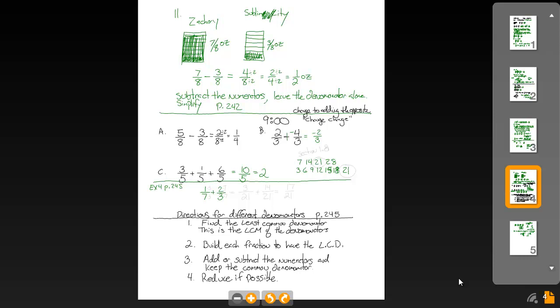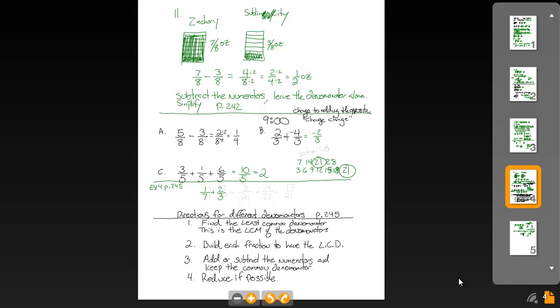And your LCM is going to be the first place that you see that they're in common. Rachel here is saying it's 21. 21 is the first place that 3 and 7 are in common, the LCM. The other way to do it is do the factor trees like we've been practicing to find the LCM. It wouldn't be very interesting on this one because they're both prime. So 3 times 7 is 21.